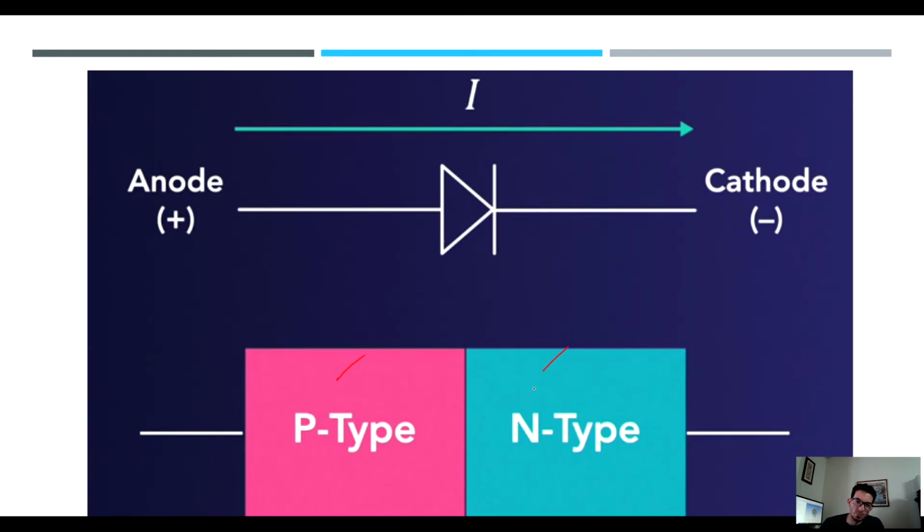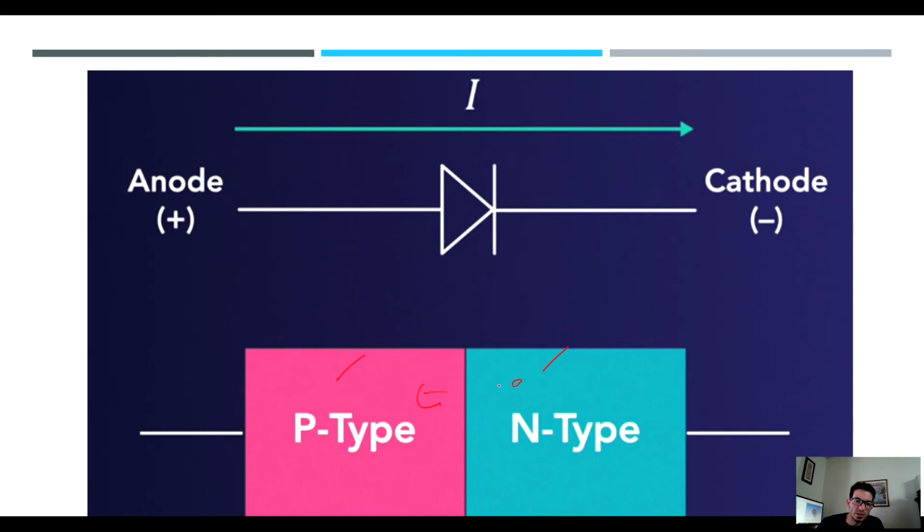But in short, they are known as P type and N type. A diode is fabricated with this junction of two semiconductor materials, the P type and the N type. And the difference between the P type and the N type is that the N type has material with an extra electron that it can give to the P type.